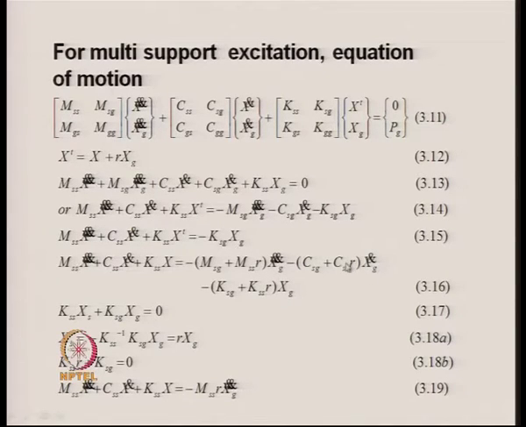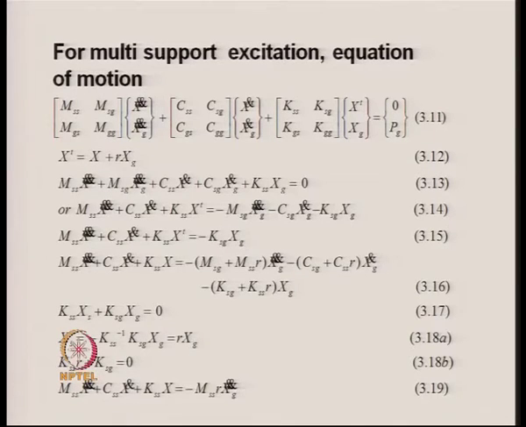However, it has been found that for a lightly damped system, CSG plus R into CSS turn out to be almost equal to 0, or their effect on the solution is very negligible. Therefore, the entire thing is assumed as 0.